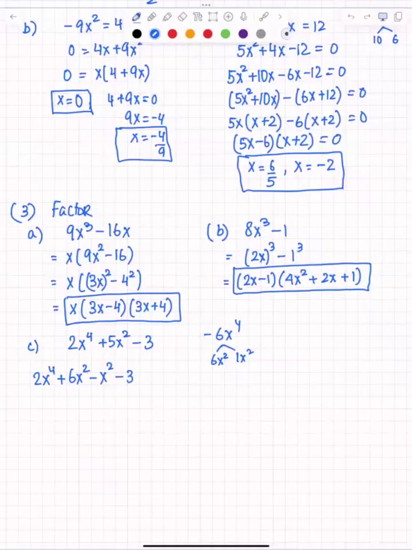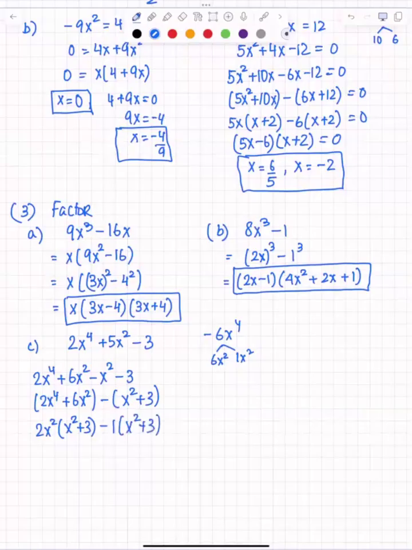There's no equal 0, it is factoring. There's no solution, so it's grouping. Group, put a negative in front of the second group, change the sign. Here we can factor out 2x squared. Here it's just 1. So this equals 2x squared minus 1 times x squared plus 3.